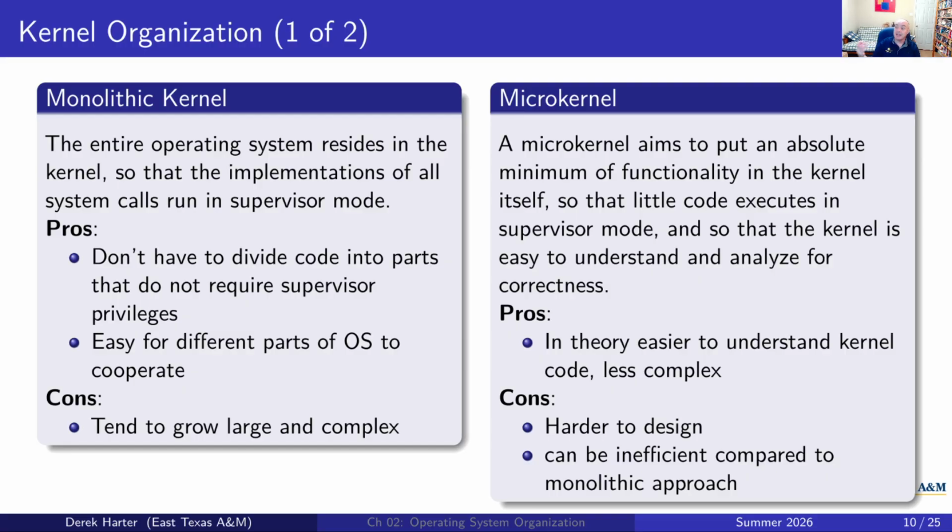The thing about a microkernel is that these services are not user processes or things started by the user. They're started by the operating system, and they're invoked from supervisor mode to do things. In theory, if you can shrink the kernel, it makes the supervisor mode code easier to understand, but it tends to be a harder design, I think.